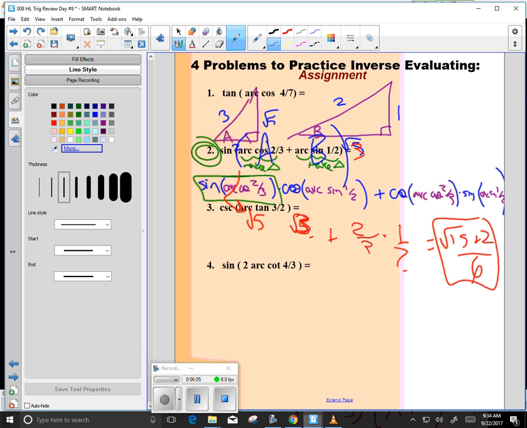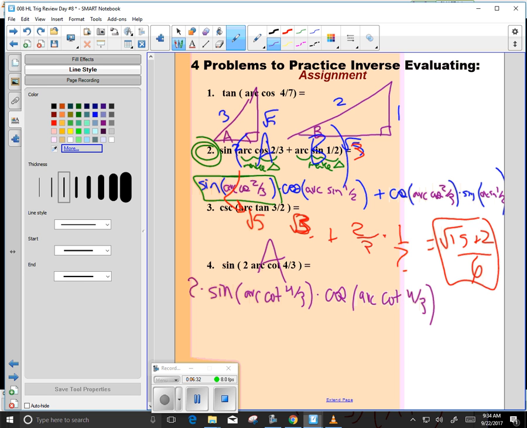Sine 2a, right? So this is 2 times the sine of the arc cotangent of 4/3 times the cosine of the arc cotangent of 4/3. Everything good with that?